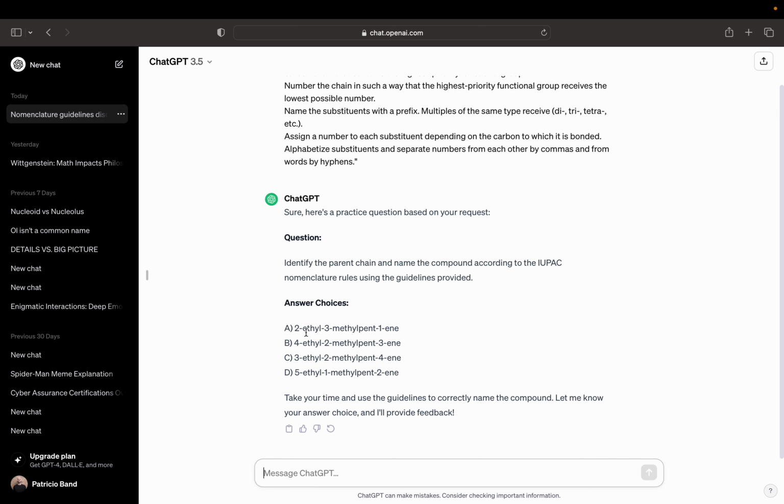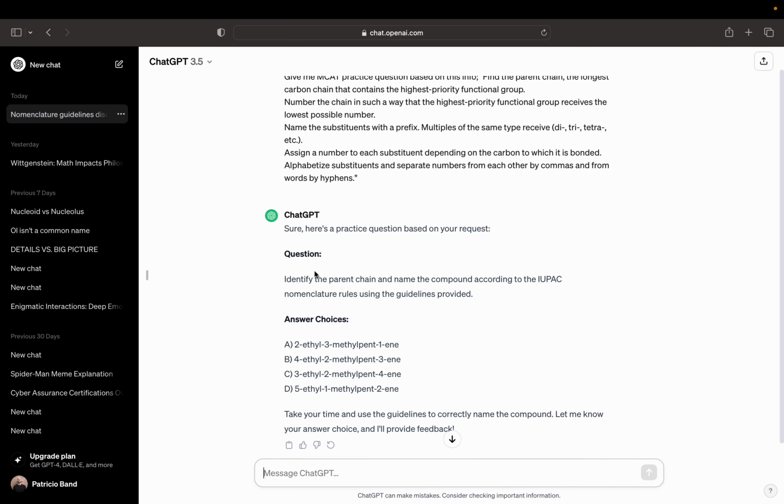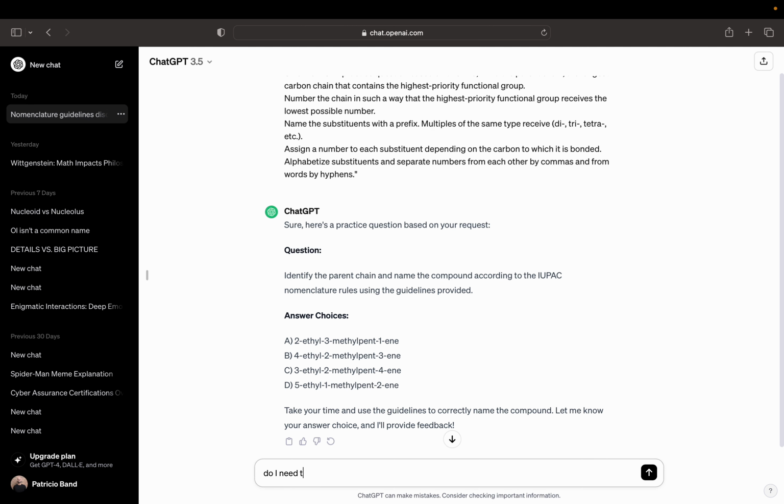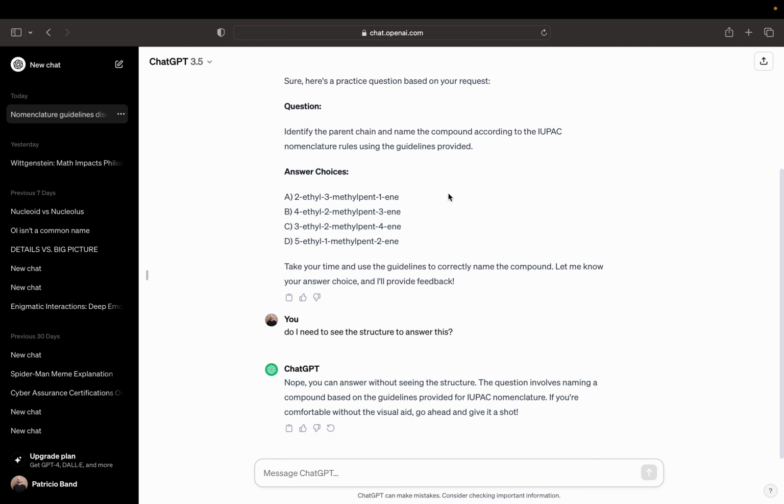So I think we need the structure for this, but these are based on numbers. So I think this is the whole thing about numbering.